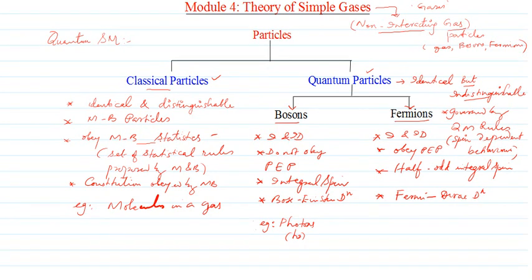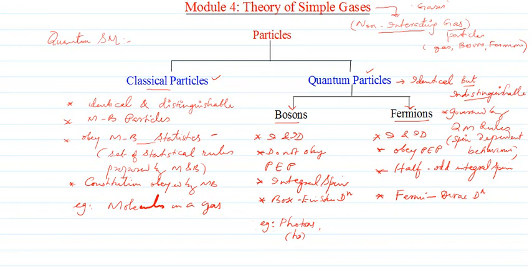So you can see that in a sense we can say almost half of the particles in the universe are named after an Indian physicist, Bose. We can be proud of being Indian in the sense that half of the particles in the universe have been named after an Indian physicist, Satyendranath Bose, right?